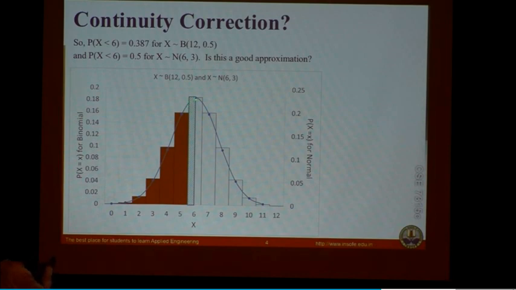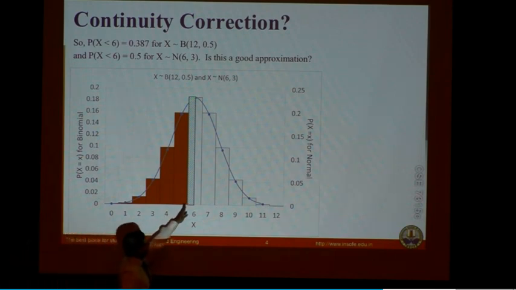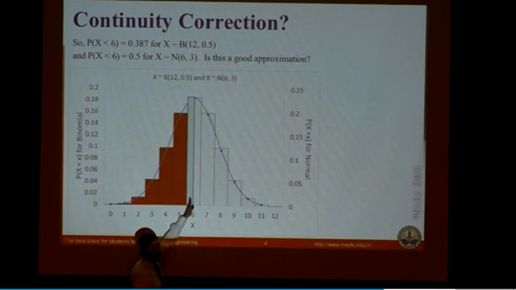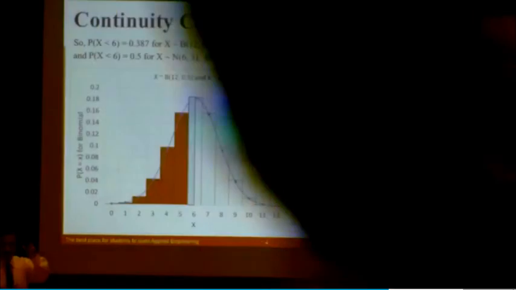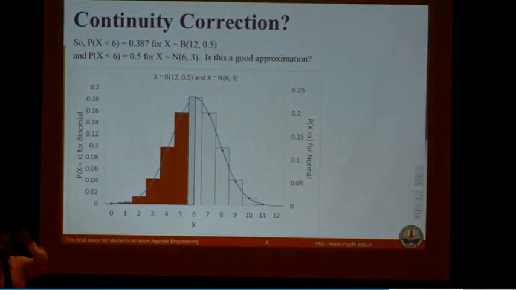And in normal, I'm getting this additional area. I just have to subtract that. If I take less than 5.5, I'm taking this entire area. That's what I'm exactly approximating binomial. If I correct for that half, and it will always be a half. Whatever type of problem, the continuity correction is always just half. And I'll ask you many questions after a couple of slides where you will become perfect with the continuity correction.